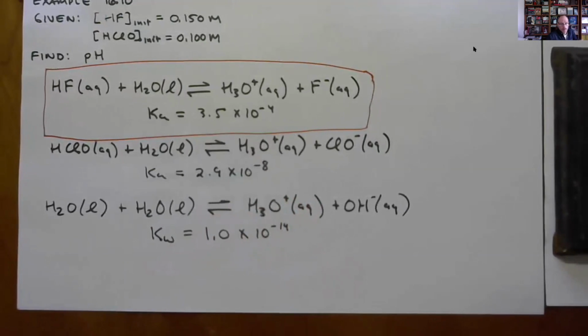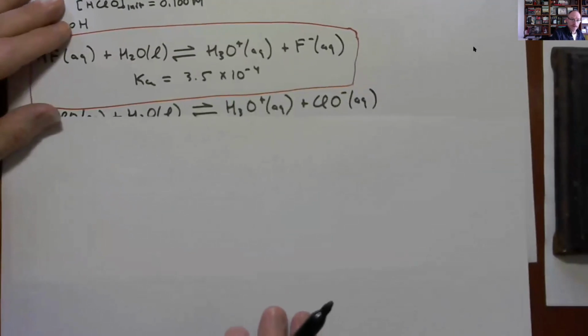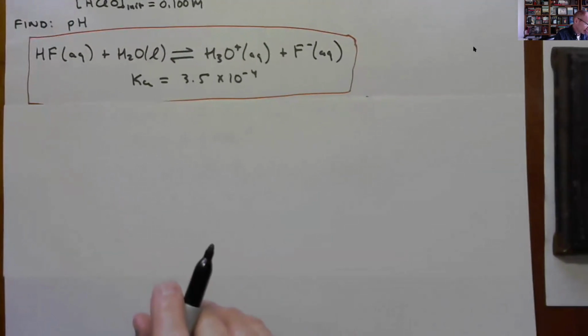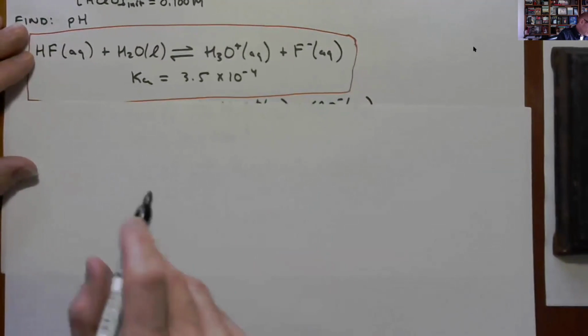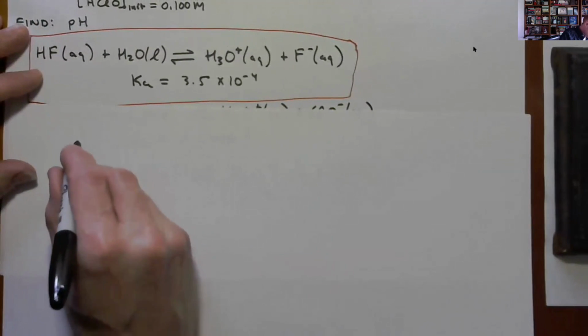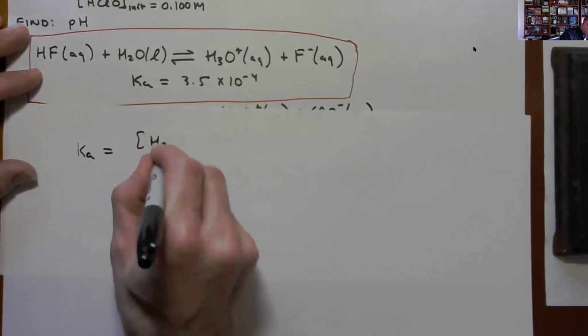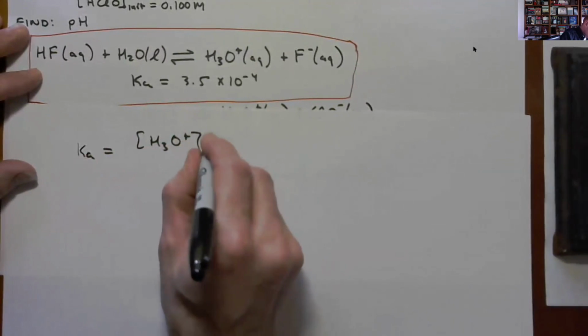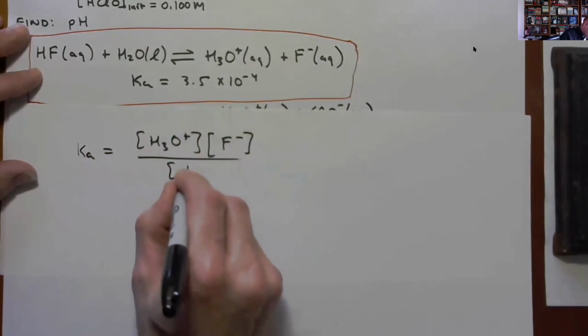So the rest of this problem is just another weak acid problem. And so for that, let's go ahead and solve for it. So Ka is equal to the hydronium concentration generated by hydrofluoric acid times the fluoride concentration over the equilibrium.